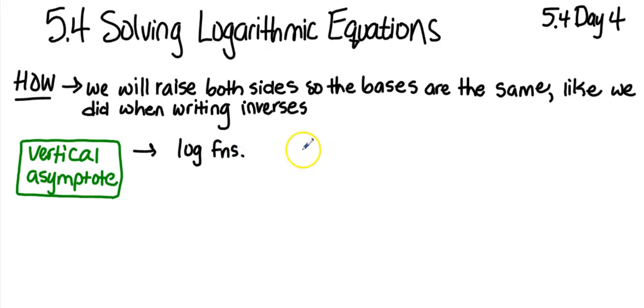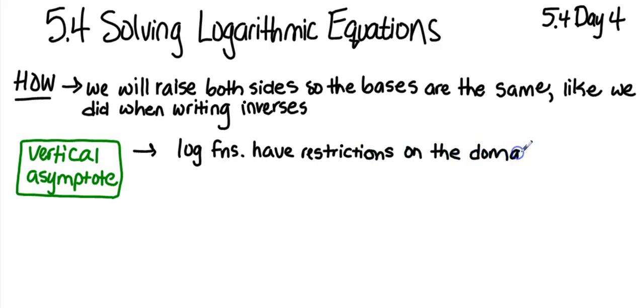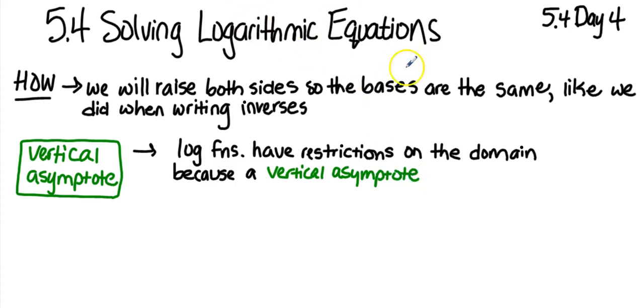Log functions have restrictions on the domain because a vertical asymptote exists at x equals 0.